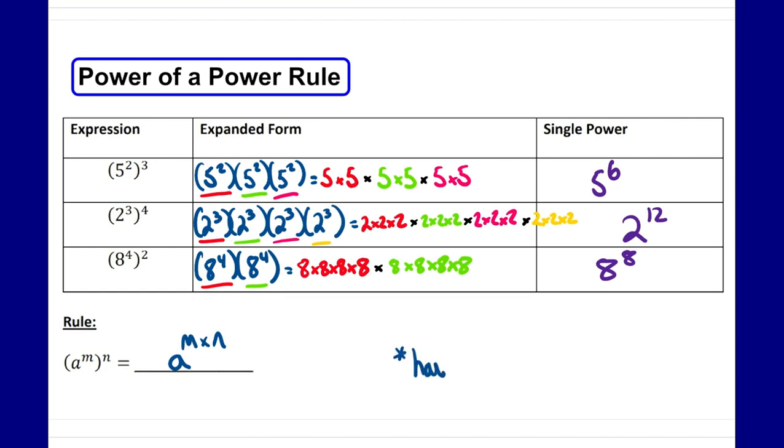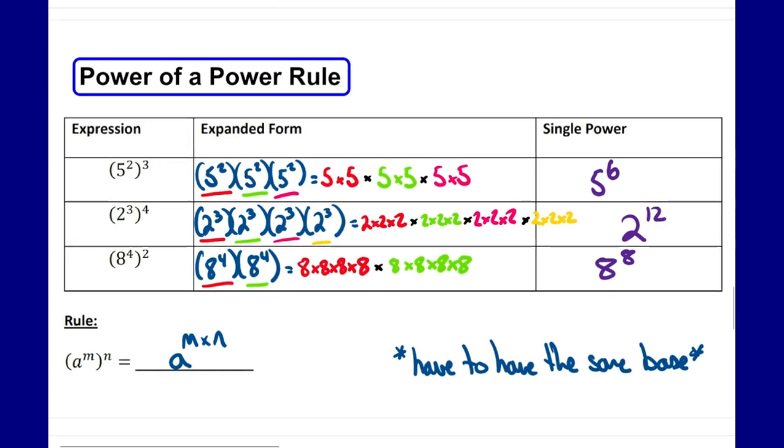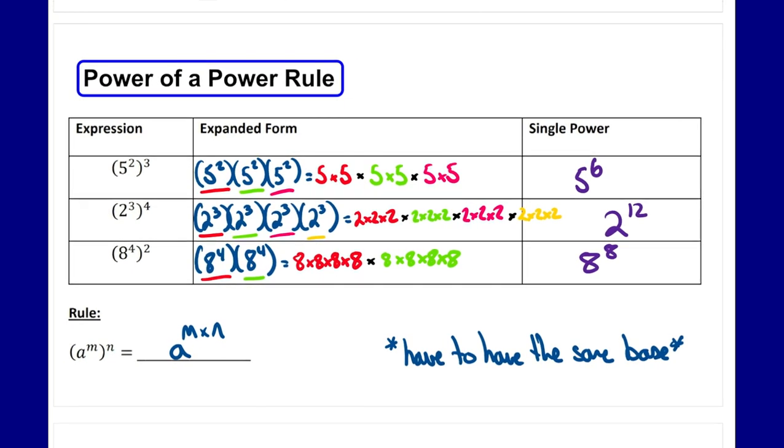Again, I have to have the same base, and we're multiplying the exponents. That is my shortcut for when I have a power to a power.